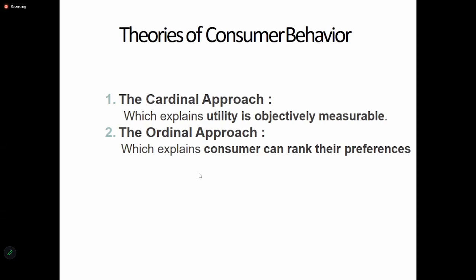In the cardinal approach, you need to remember the utility is objectively measurable. In the cardinal approach, we are discussing utilities measurable by using what? What are the units we discussed to measure utility? Very first day I told. Utils. Okay, utils. So the ordinal approach is just consumers ranking their preferences.